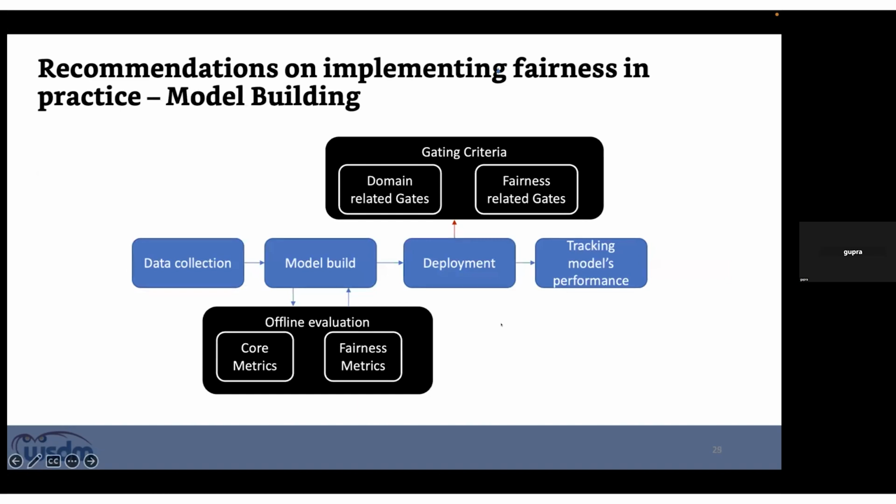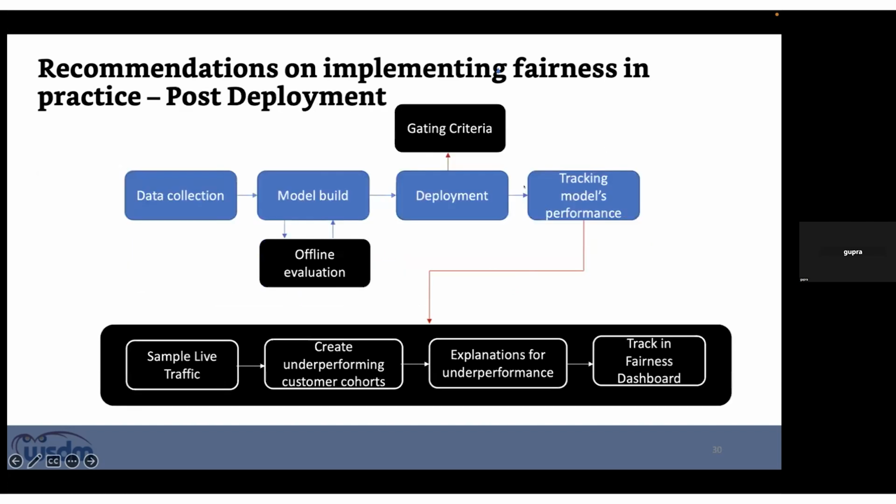I'll rush through these given the time. The idea is that during model building, you incorporate the core algorithm into the model building packages. Same for offline evaluation, you have the fairness metrics alongside the core metrics. During deployment, you not only have accuracy related gates, but also fairness related gates, which are part of the core packages.